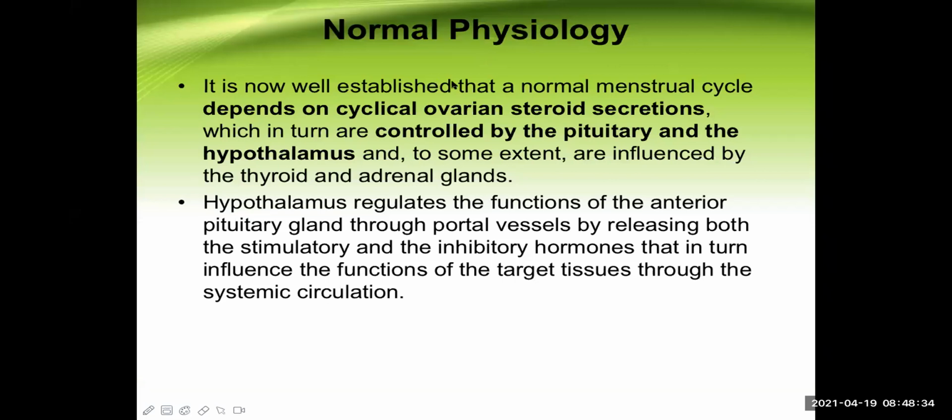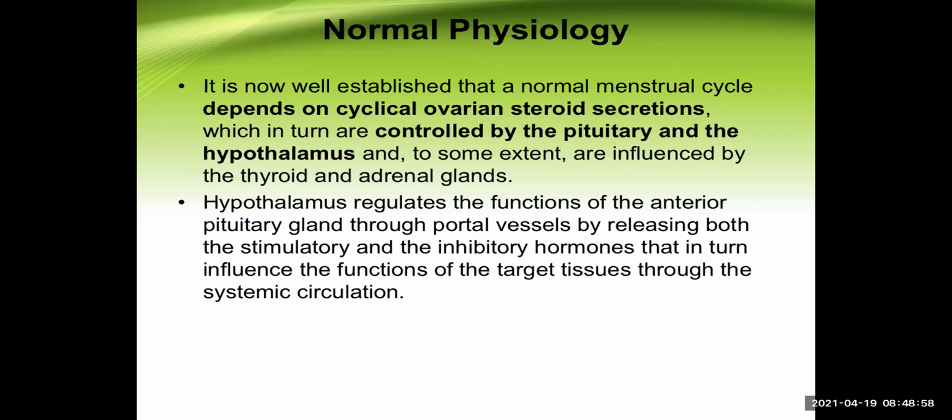Now, regarding the normal physiology of the menstrual cycle, it is well established that a normal menstrual cycle depends on cyclical ovarian steroid secretion, which in turn is controlled by the pituitary gland and then the hypothalamus. So we need three things here. One, a normally working ovary.